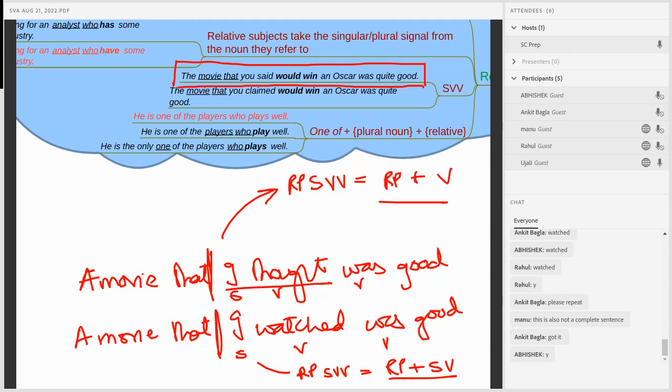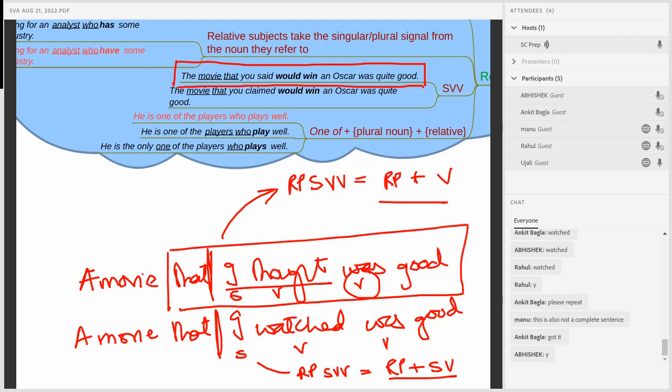Now comes the final part. Sometimes they're going to make incomplete sentences using these types of structures. In the first sentence, because the first SV is not part of the description, what happens to the second verb? It needs to become part of the description. So the description is a movie that I thought was good. That I thought was good is part of the description.